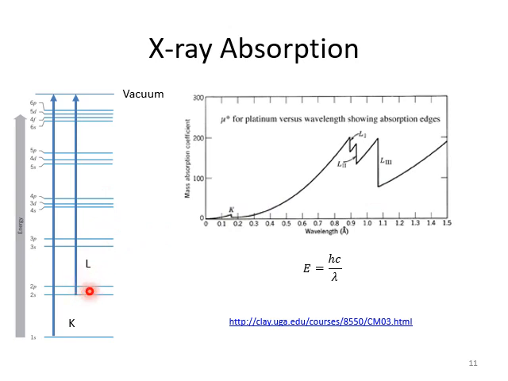These are our L orbital states, and when we get to this energy here, we can remove an electron from the system, and we see a jump in the absorption coefficient due to the cross-section for that removal.